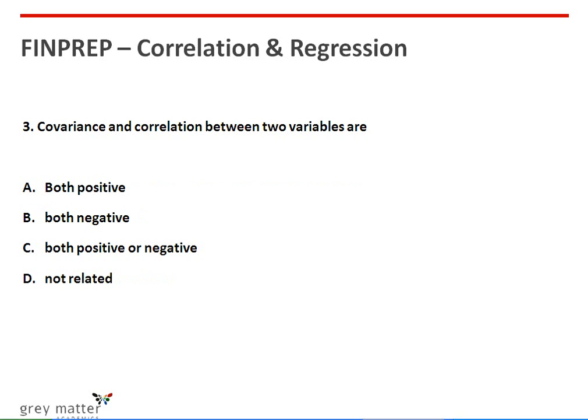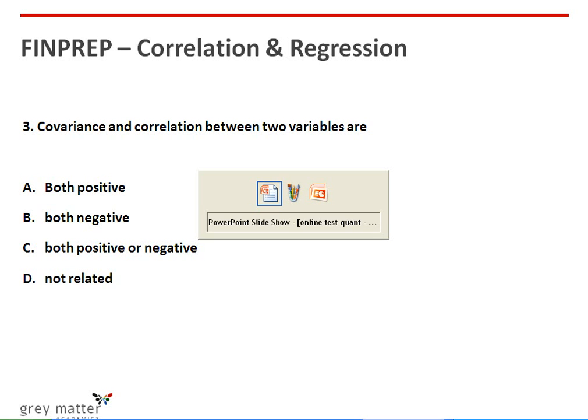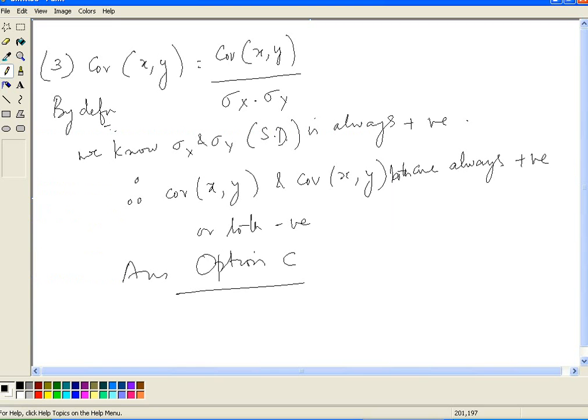Moving on to third question, covariance and correlation between two variables are, we need to pick out one of the options which are correct. So going to our work area, we know that by definition correlation of x comma y is covariance of x comma y divided by sigma x into sigma y. We know sigma x and sigma y, being the standard deviations of x and y, are always treated as positive.